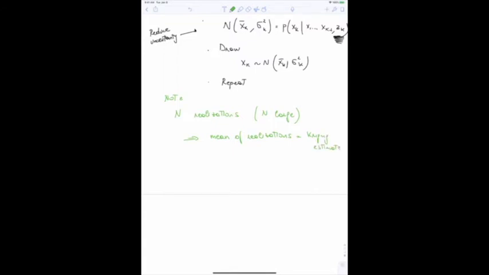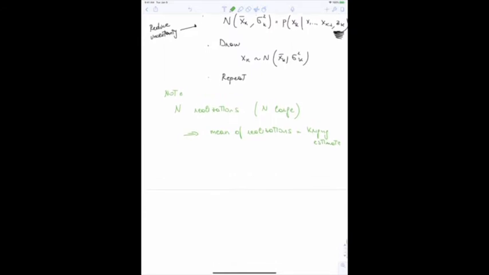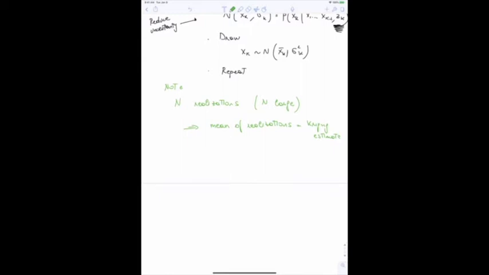Generally, if you have 1,000 realizations for a 2D map, the mean is essentially the same as the kriging estimate.